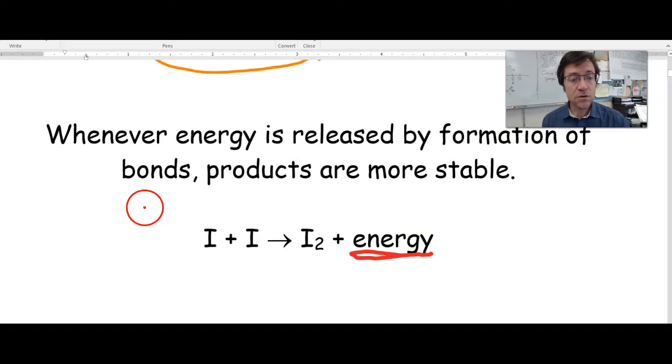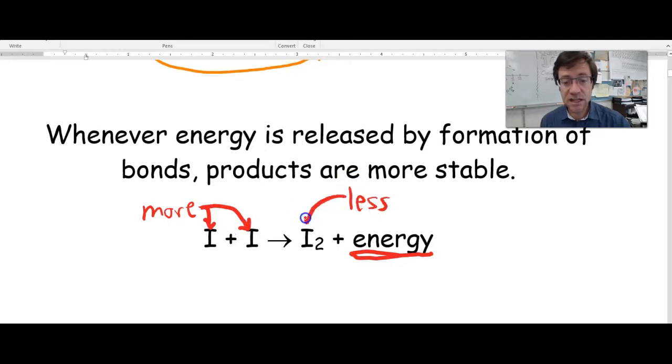So that means that there was more energy in these two things, and there's less energy in this product. And if there's less energy, that means it is stable. You got it? That means it is stable.